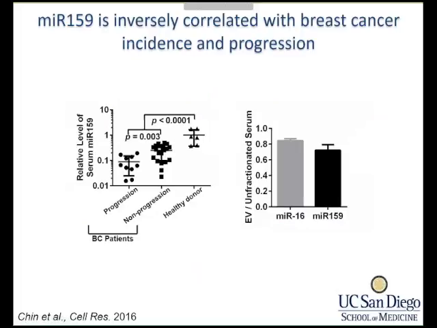And if we further look at those patients with or without disease progression during 5-year follow-up, those patients who had a worse outcome with disease progression had even lower levels of miR-159 in the blood.